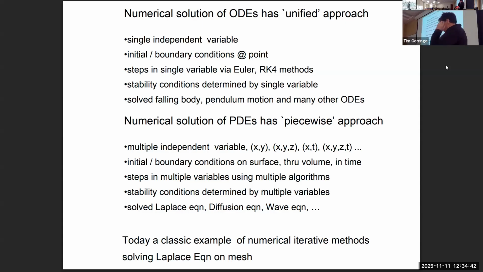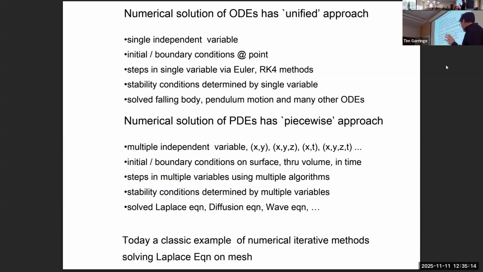If I was to compare solving numerically ordinary differential equations and partial differential equations, the first thing about ordinary differential equations is you're working with a single independent variable. We were often working with time as the single independent variable when we were solving the ordinary differential equations associated with a falling body, or the ordinary differential equations associated with a pendulum motion.